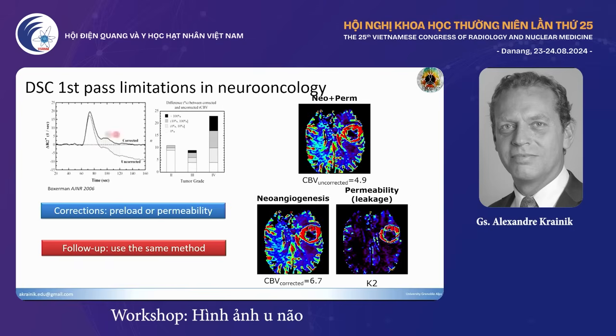And here you can also try to estimate this difference between the observed curve and the theoretical curve at the baseline level to give an estimate called K2, which is a flow of contrast media from the vessel to the extracellular space.